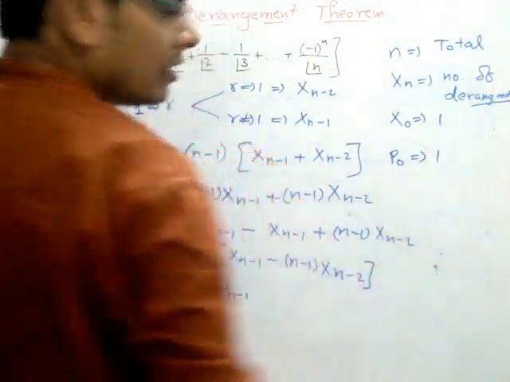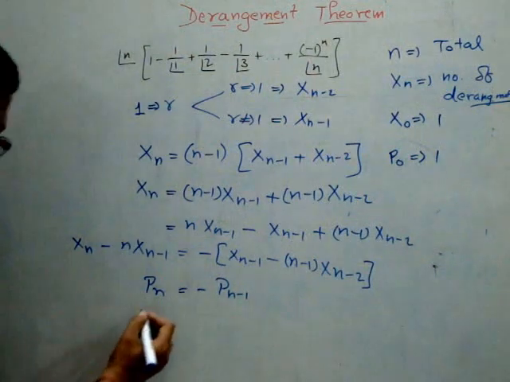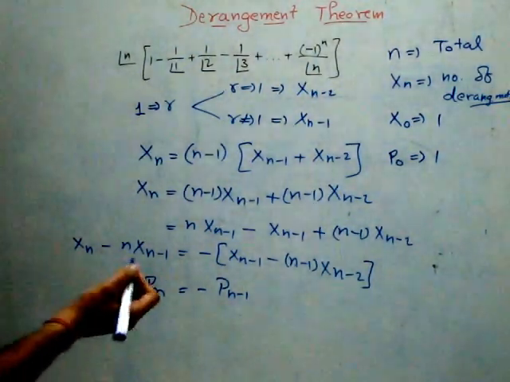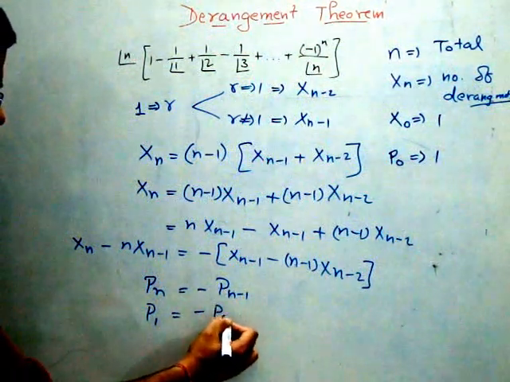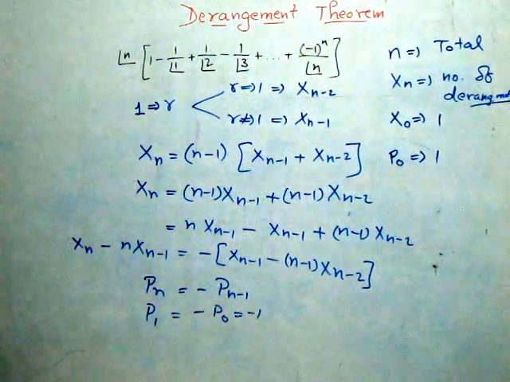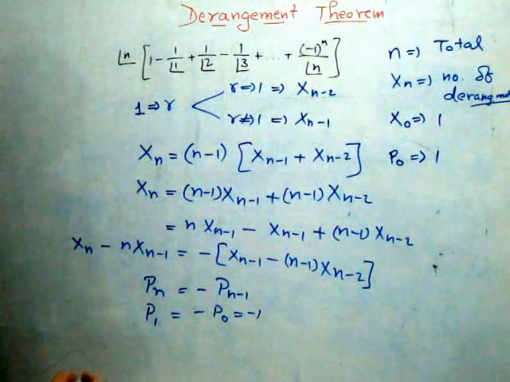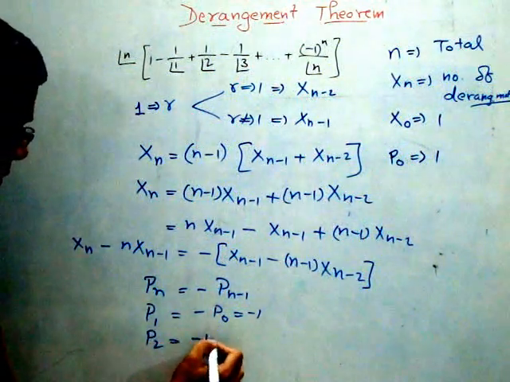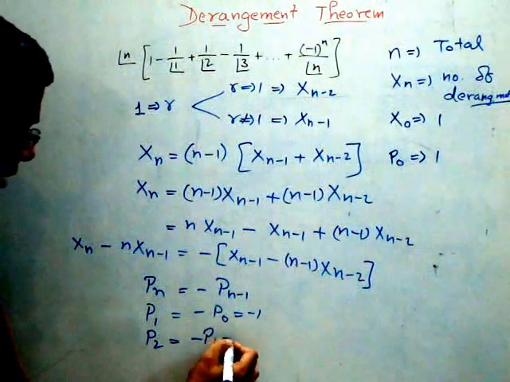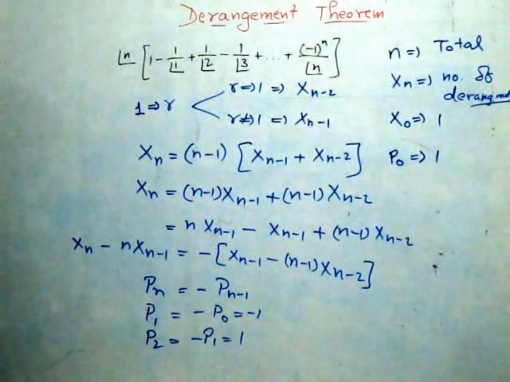So P0 will be 1 again. So what will be P1 then? P1 will be equal to negative of P0, that is equal to minus 1, right? And similarly P2 will be equal to minus of P1, that is equal to again 1, right?